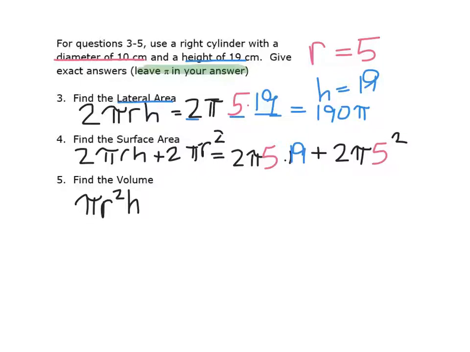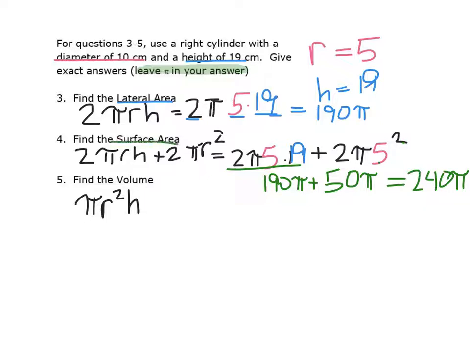Okay, we solved a moment ago, we know this is going to be 190 pi. And we want to add that. 5 squared is 25. 25 times 2 is 50. So this is going to be 50 pi. 190 pi plus 50 pi comes out to 240 pi. And that's going to be our answer for the total surface area.